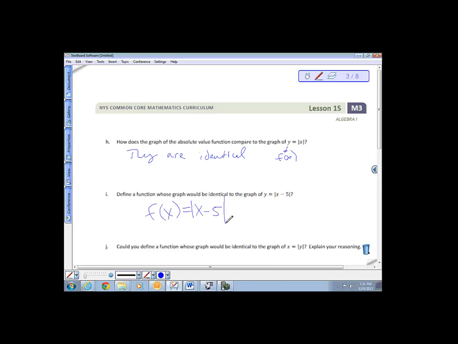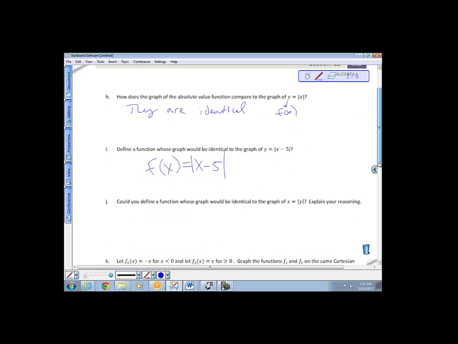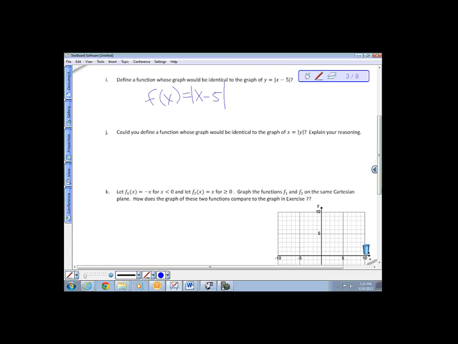And letter J, could you define a function whose graph would be identical to the graph of x equals absolute value of y? That's a tricky one. Unfortunately, that is not a function, so you can't define a function whose graph would be like that. The graph x equals absolute value of y does not meet the definition of a function.